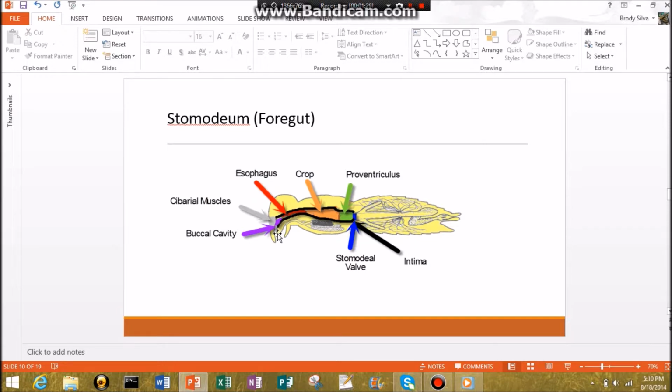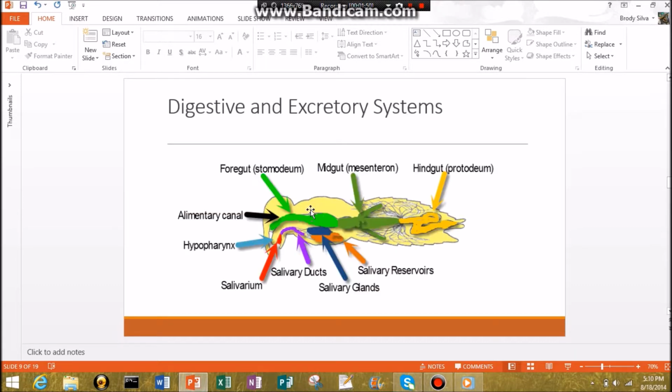The food is pushed back by the hypopharynx into the buccal cavity, which is the first place it goes through. That's basically the range of motion that the hypopharynx has. Cibarial muscles, after the hypopharynx can't reach, push it back into the esophagus.